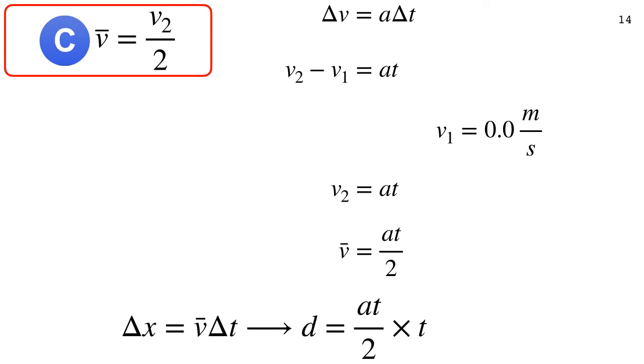And guess what? That simplifies to 1/2 AT squared, which is what we talked about last time. That is the distance rectangle result that we talked about on Tuesday.